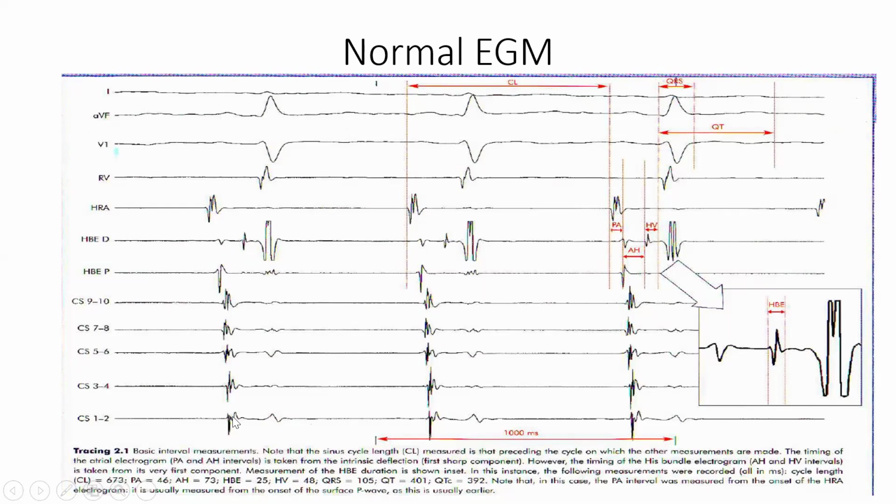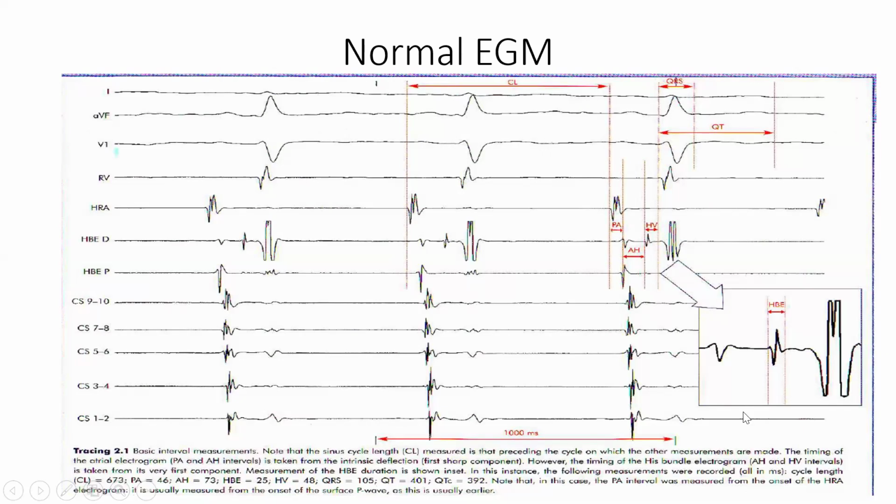We can measure all our cycle lengths and our intra-atrial conduction time, that means conduction from the SA node to the lower end of the right atrium. We can monitor our AH conduction time, our HV conduction time, and things like that.